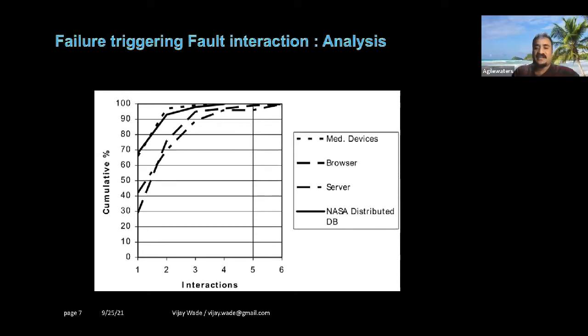So if you see here, the y-axis tells you the cumulative percentage of defects that is occurring or that is captured. And on the x-axis, these are the number of parameters of any of the software. Parameters, you can call them variables. Okay, so there are numerous variables.